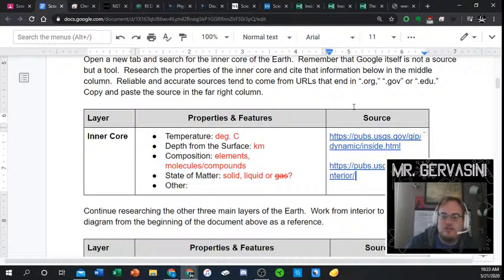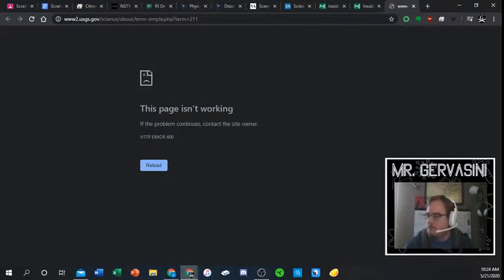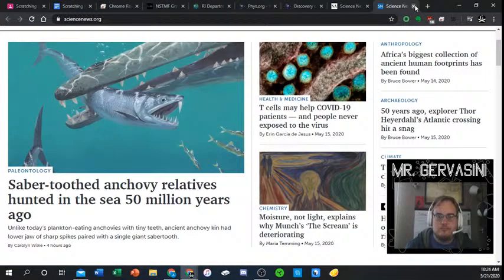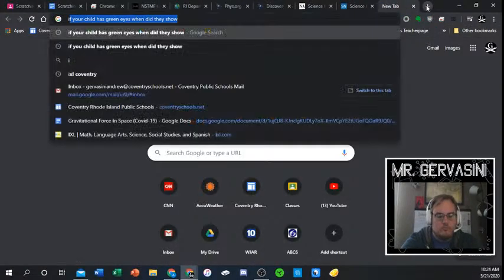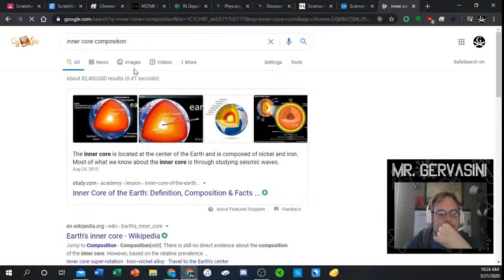And I'm just pasting in the links where I find information. This one isn't loading for some reason. Inner core composition.